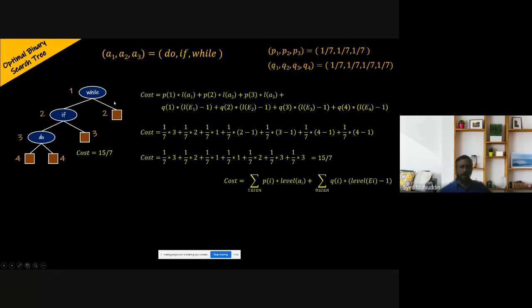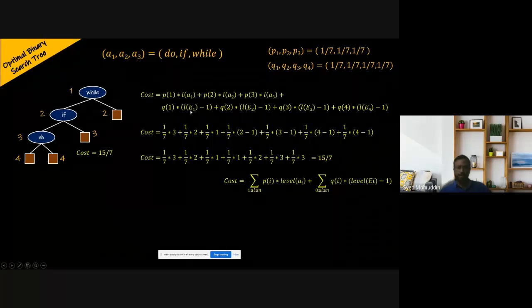So A1 is at which level? A1, do, is at level 3 in this tree. So 1 by 7 multiplied by 3, plus P2, which is 1 by 7, multiplied by the level of A2. If is A2, it's at the second level, so multiplied by 2, plus 1 by 7 multiplied by 1, because the level of A3, which is while, is 1. Plus we have 1 by 7 multiplied by the external node.